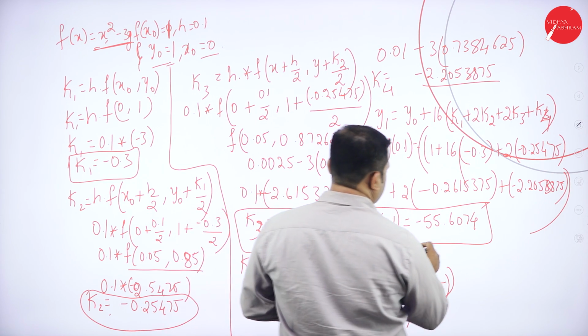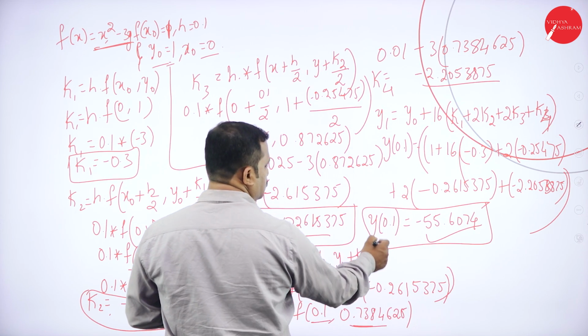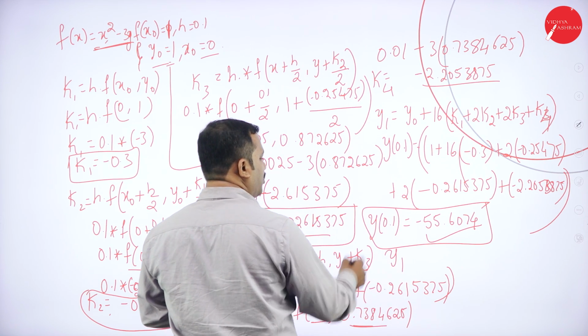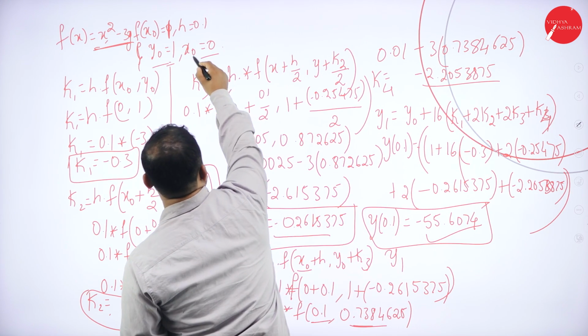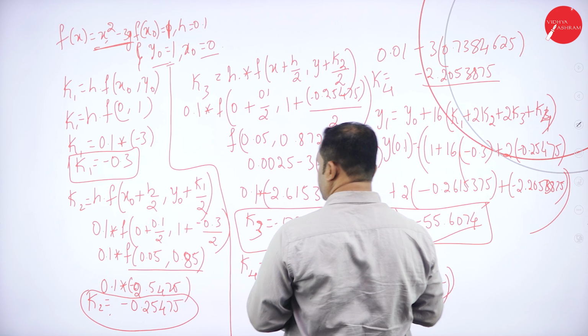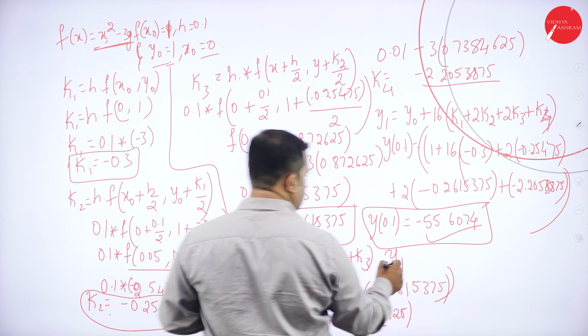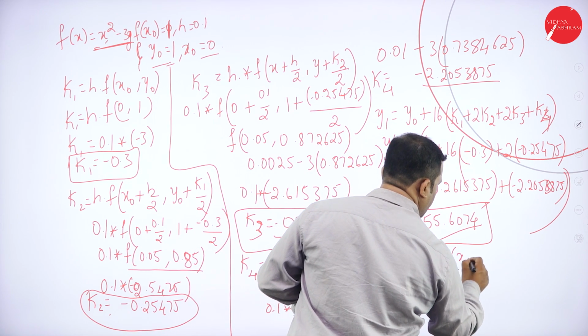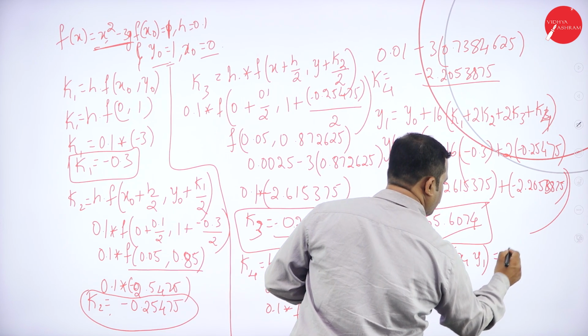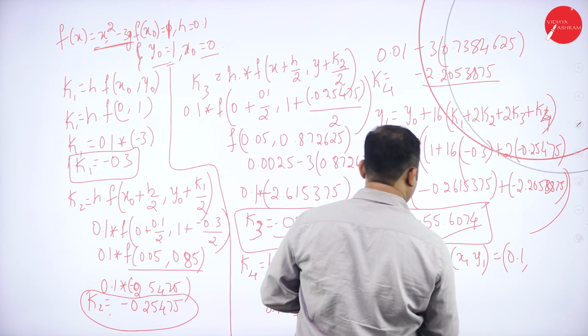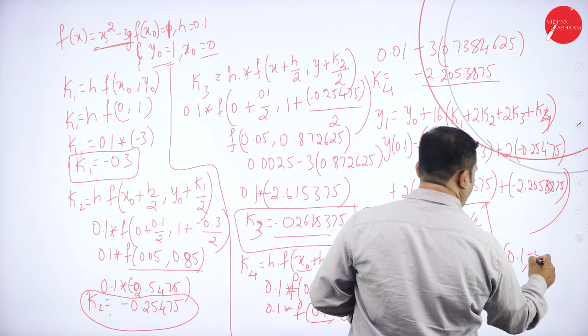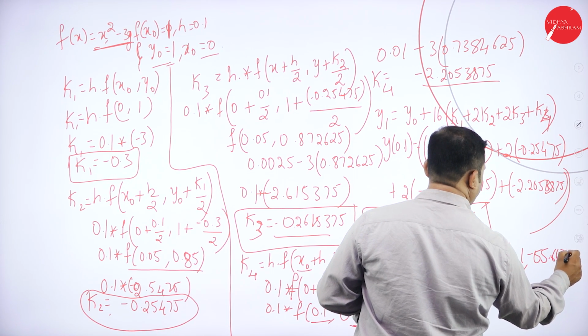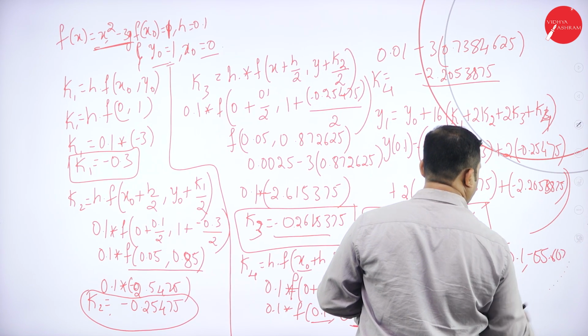Here we have obtained the value of y0. This becomes y1. What is the value of x1 then? 0 plus 0.1. That means we have x1 comma y1 equal to 0.1 comma minus 55.6074. That is the value we are getting.